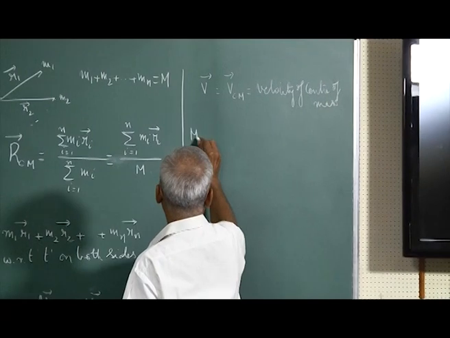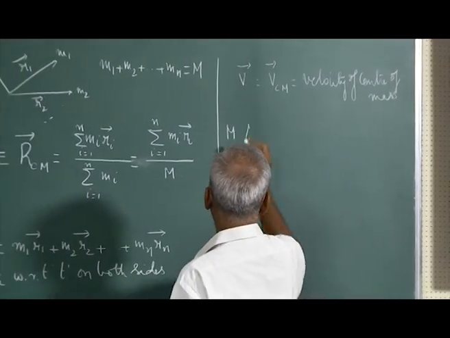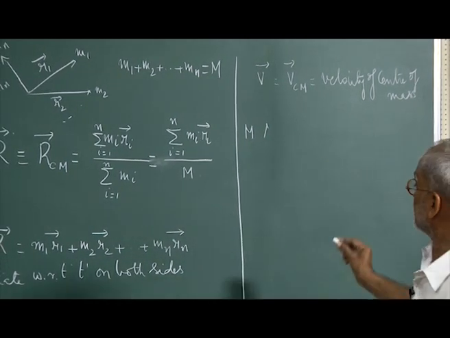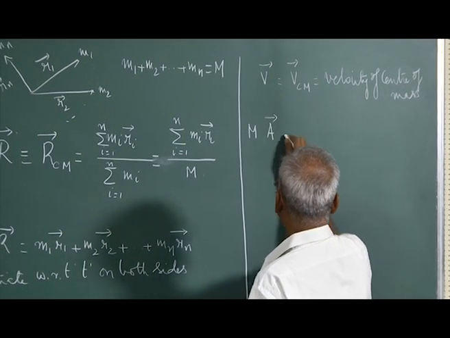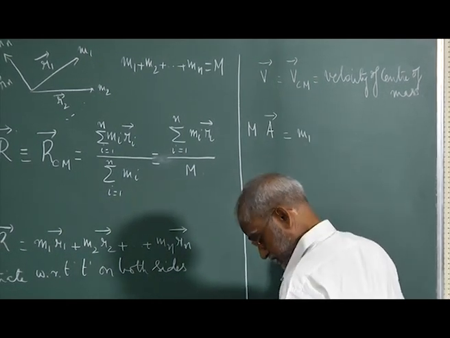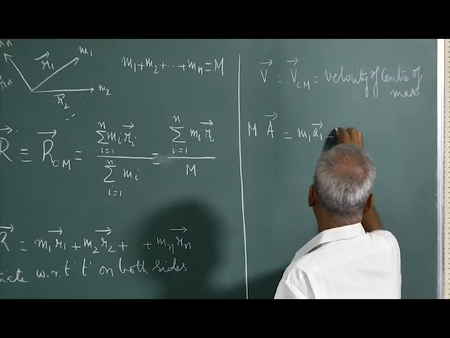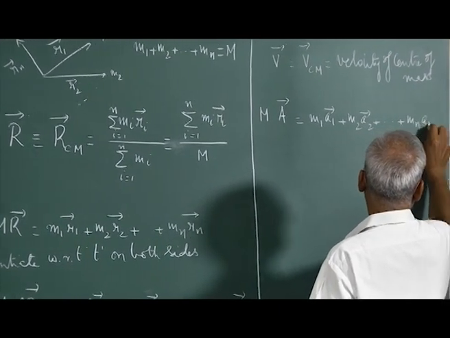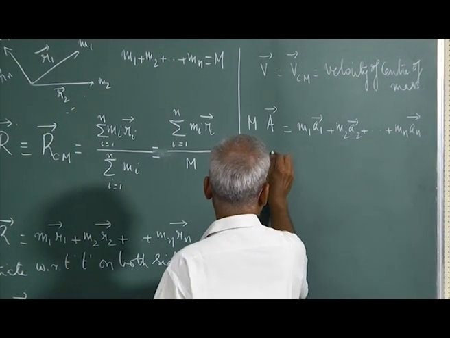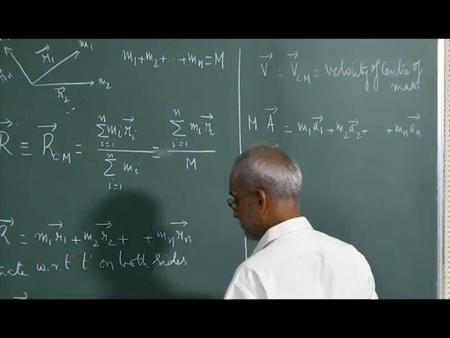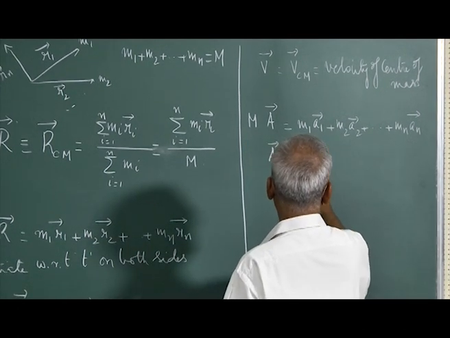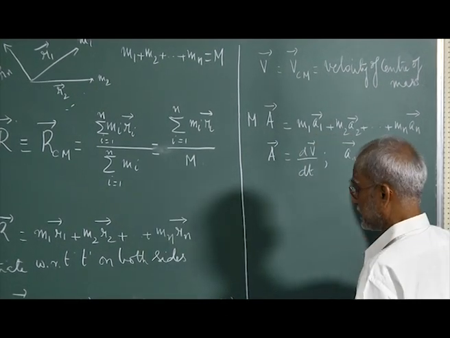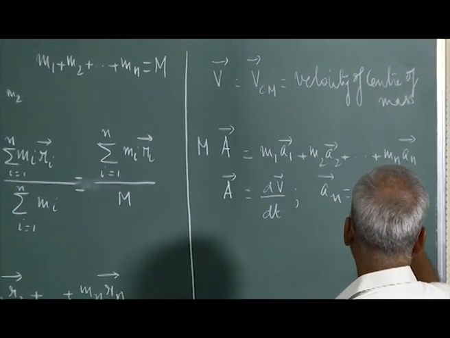Therefore, M into A is equal to m1 a1 plus m2 a2, etc., plus mn an, where A is the acceleration of the center of mass, therefore it is dV by dt, and a_n is the acceleration vector of the nth particle, therefore it is given by dvn by dt.